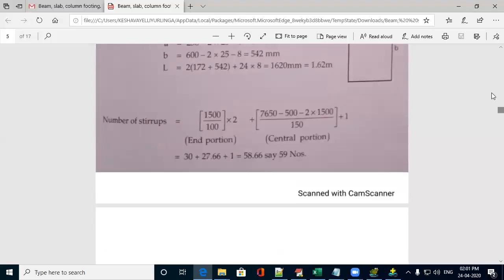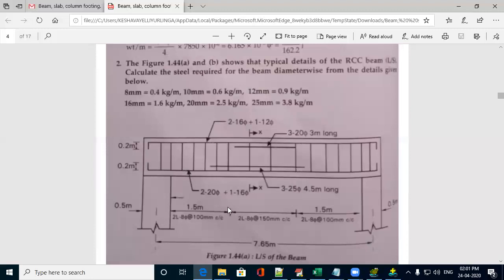I'll show in the diagram. Here we need this distance. So first we have this distance 7.65. 7.65 minus 0.5 by 2 minus 0.5 by 2, that gives you this distance. In that, if you subtract 2 times 1.5 meter, you will get this distance.